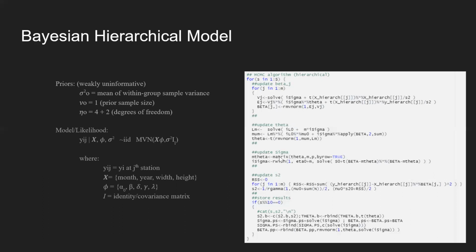And then from that sigma, we update S squared, the variance, with our inverse gamma distribution based on our prior information, and then also store the posterior betas and sigmas, and the distribution from those hierarchical models.